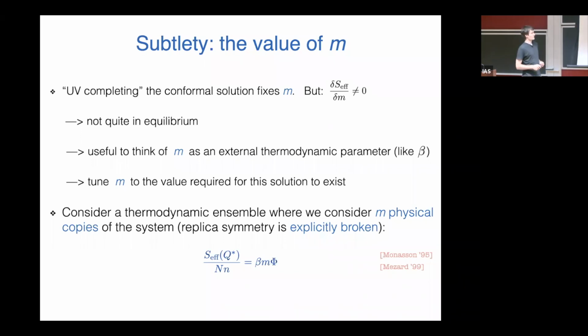We don't determine that by extremizing the free energy, but it's a thermodynamic parameter. One way to make that concrete is to consider a different ensemble, kind of like a grand canonical ensemble, where we consider M physical copies of the system. So before we even do the replica trick, we clone the system M times, explicitly, and then on top of that we do the replica trick. But the blocks in that Parisi matrix that I had would now be physical copies of the system, where M is a parameter.